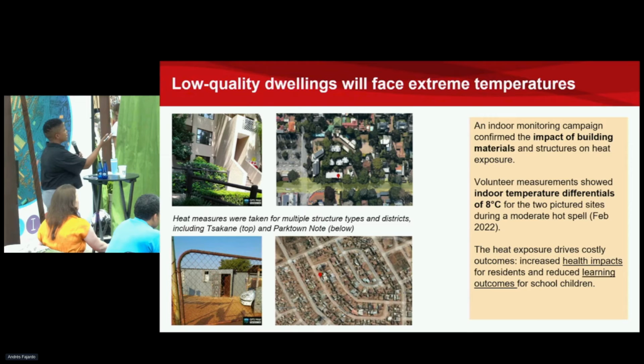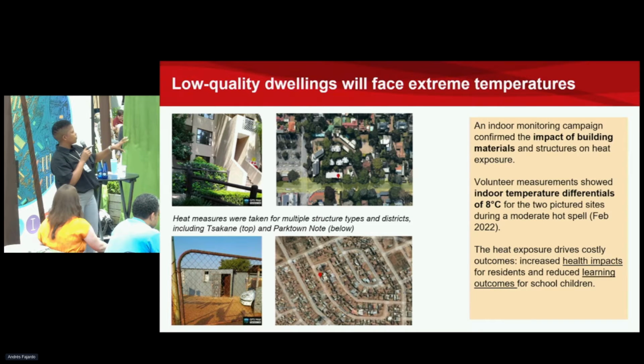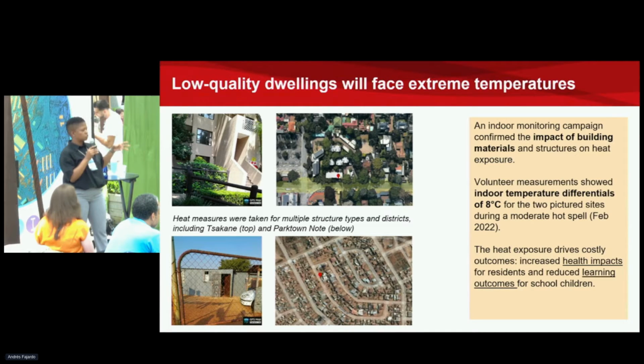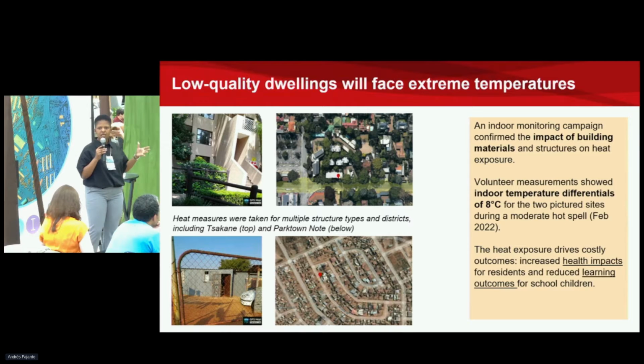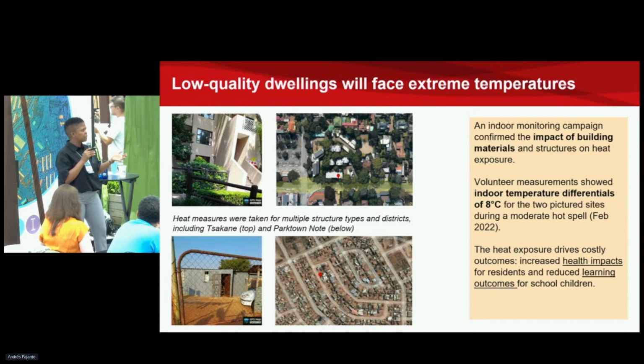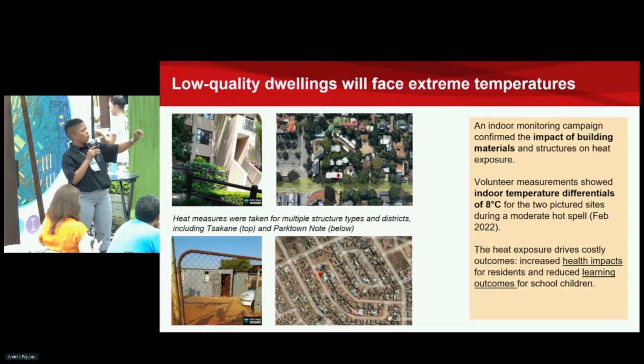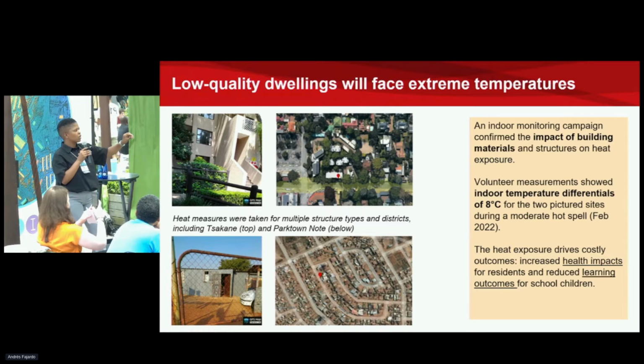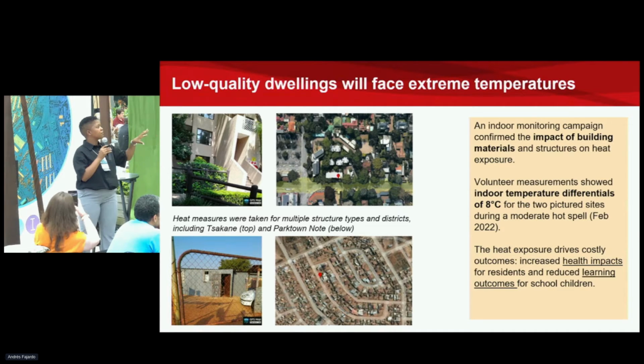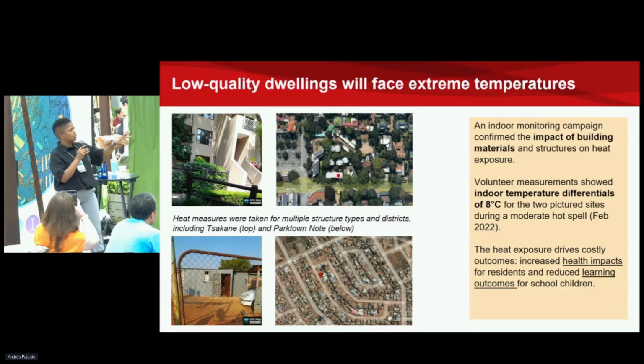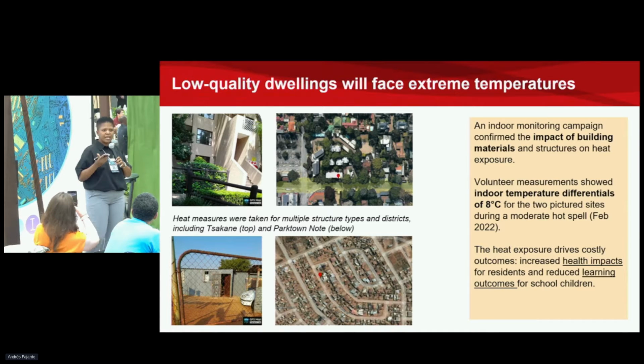There was indoor monitoring that was done, and the outcome from this is that your actual housing structure affects your inside temperatures. The results from what the volunteers came back with was that indoor temperatures differed by about 8 degrees between some of the houses at the bottom and at the top.